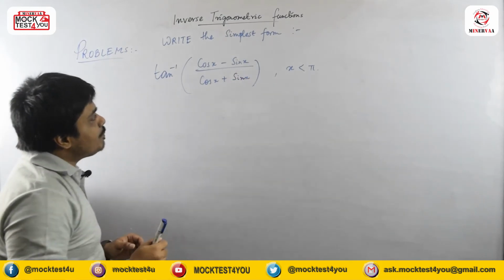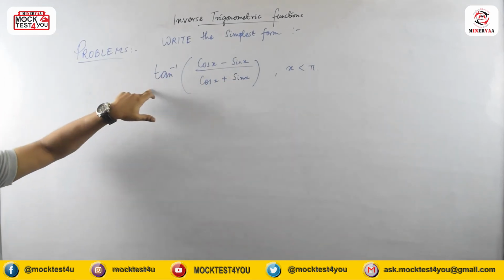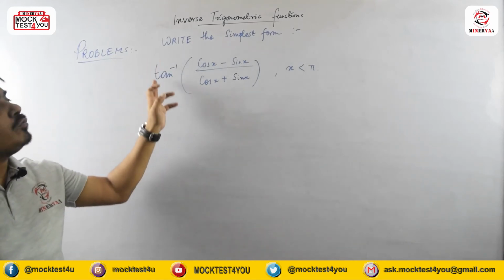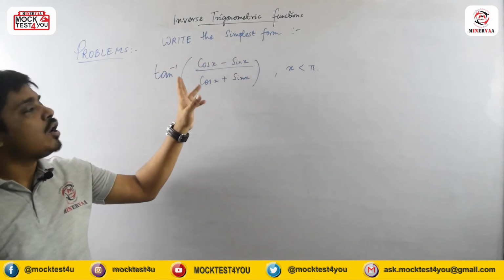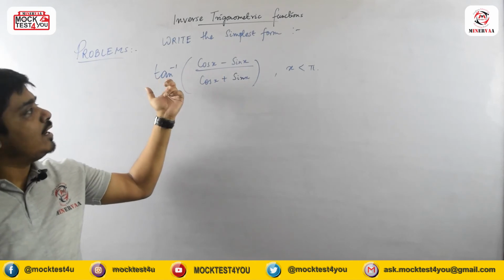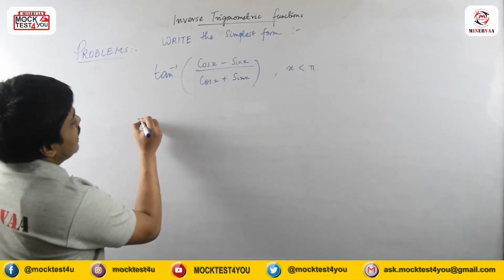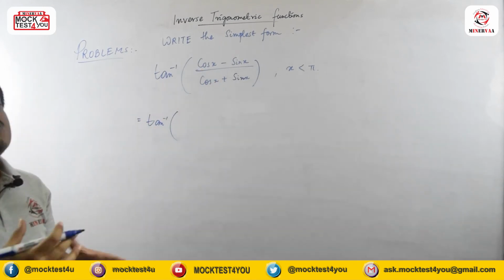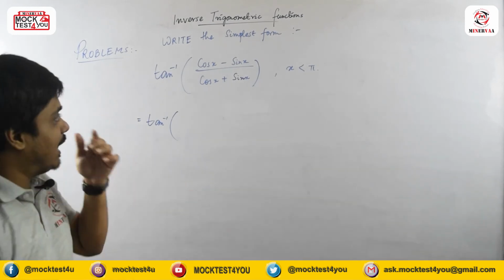Now once we see that here is tan inverse, in order to simplify this one, we need to remove this inverse trigonometric function. So tan inverse, obviously how can I remove? What we see inside has to be tan, then only we can remove that inverse trigonometric function. So let us keep this tan inverse like this, and in here let us introduce some tan, because from small tan we can get the bigger tan.